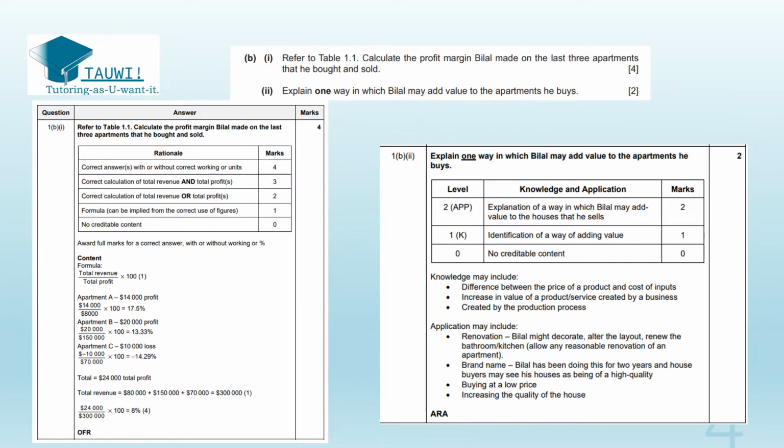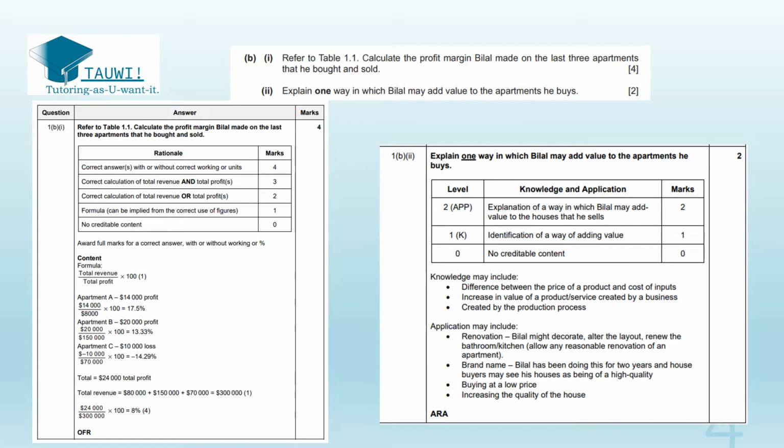Right, question B. Now we're getting a little bit more marks. Refer to table 1, calculate the profit margin Bilal made on his last 3 apartments. So we did that by adding up his total income. His total income was 300,000.